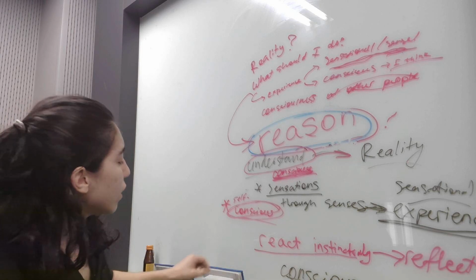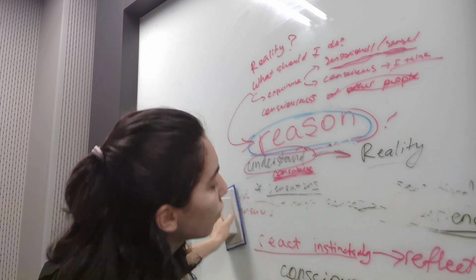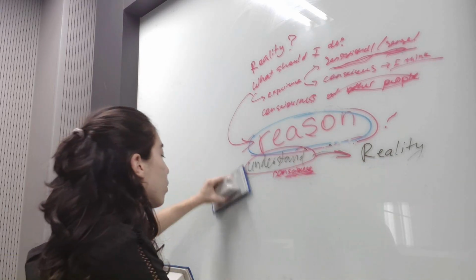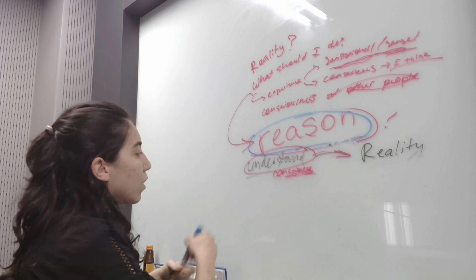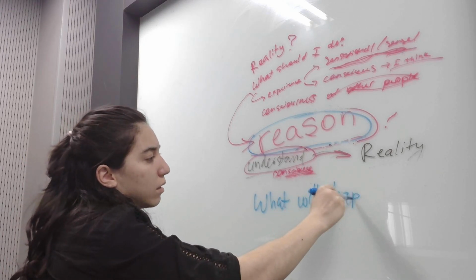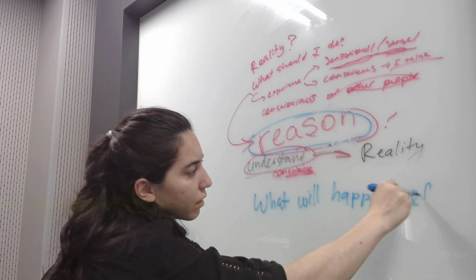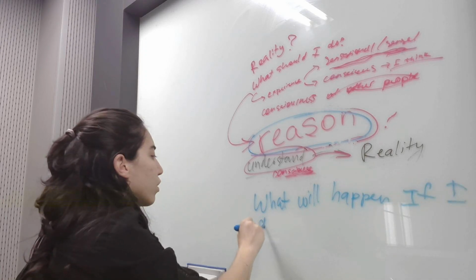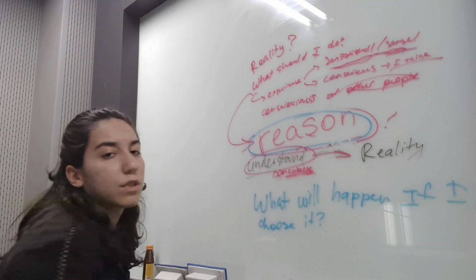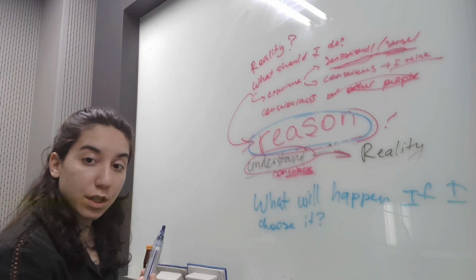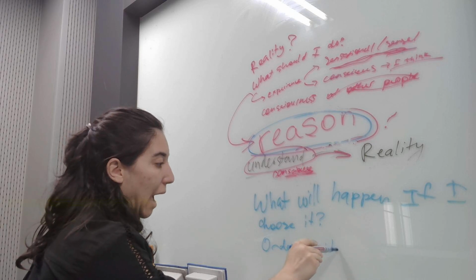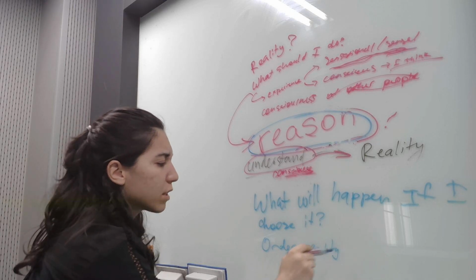And to answer this, you need to answer what will happen if I choose it. In other words, you question the order of reality. You question how does it work?